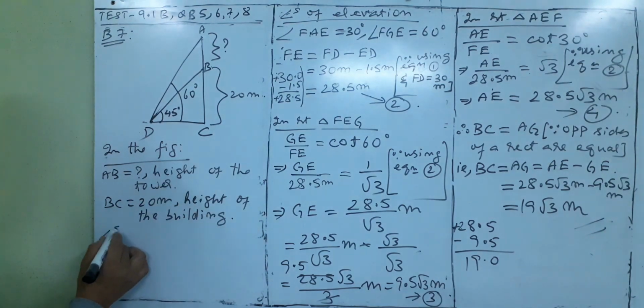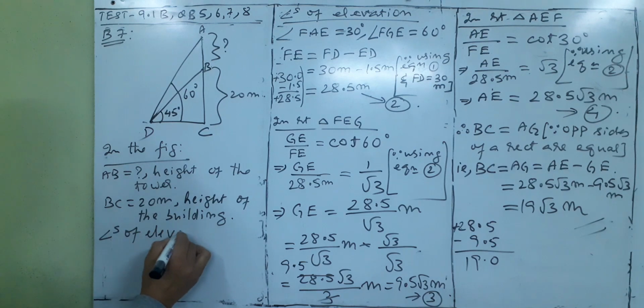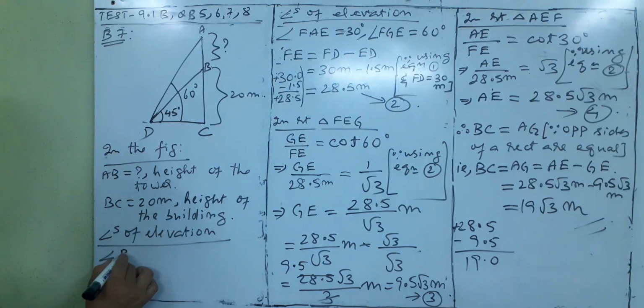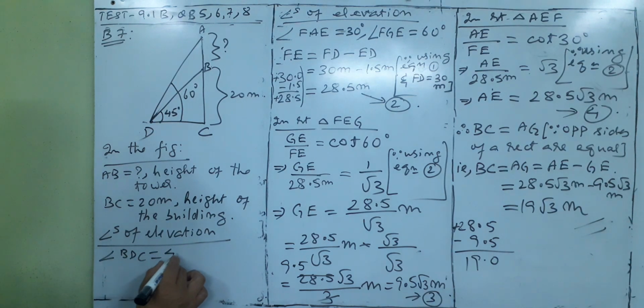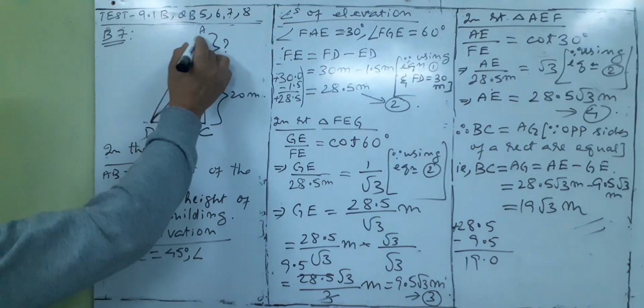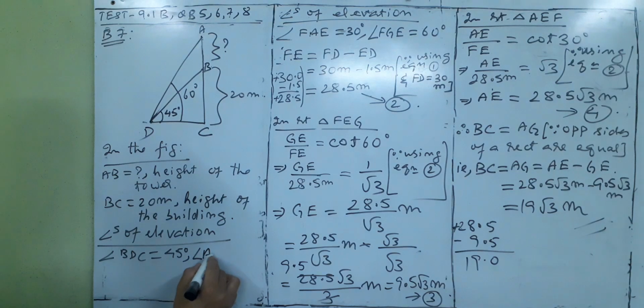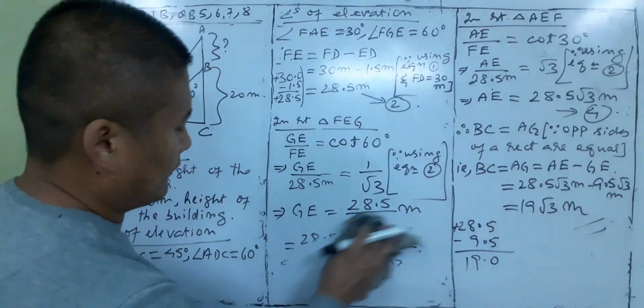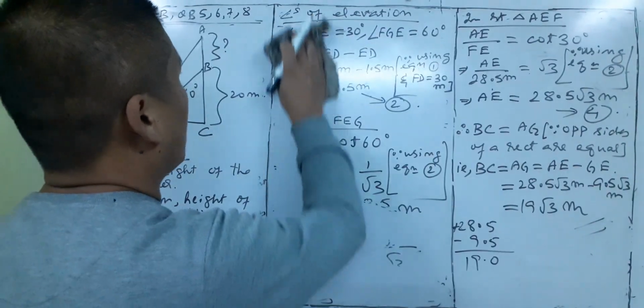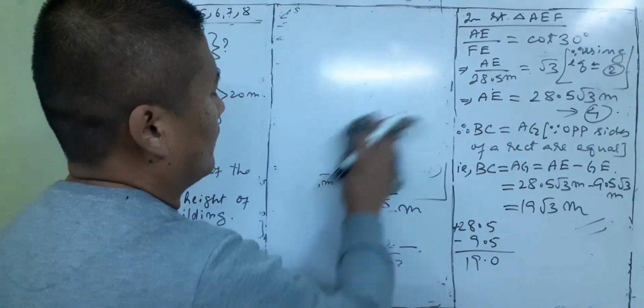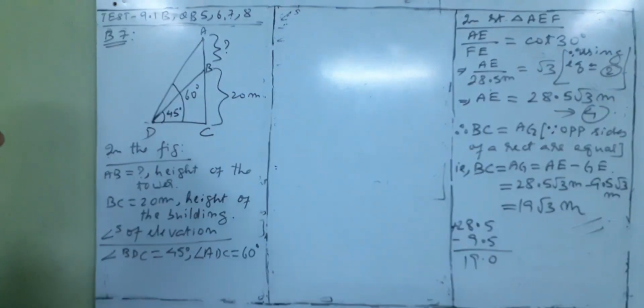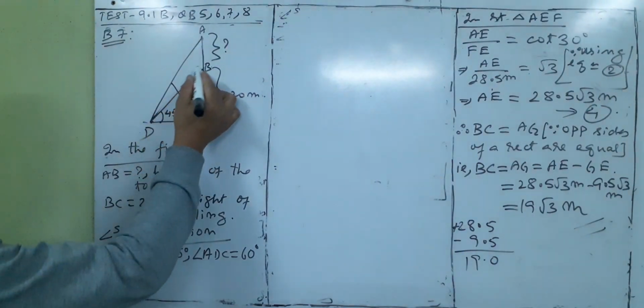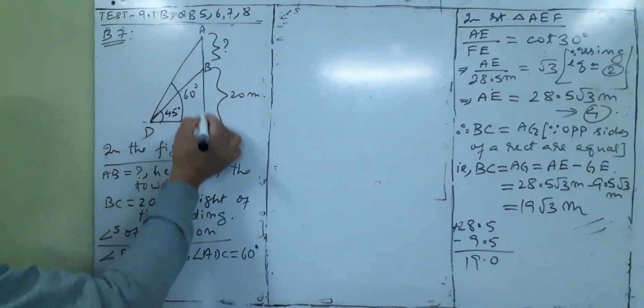Then the angles of elevation, two of them are there. The bottom elevation is angle BDC equal to 45 degrees, and the top elevation is angle ADC equal to 60 degrees. With this information, we have to find the height of the tower, AB. Now it's quite easy, I think. See here, take the smaller right triangle, because BCD has one side.